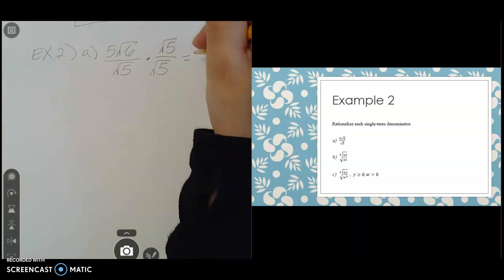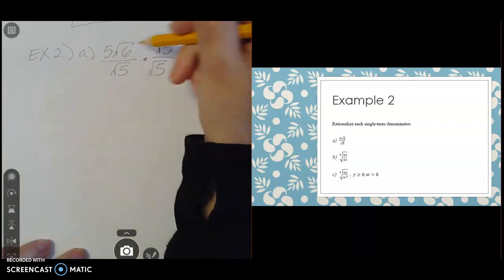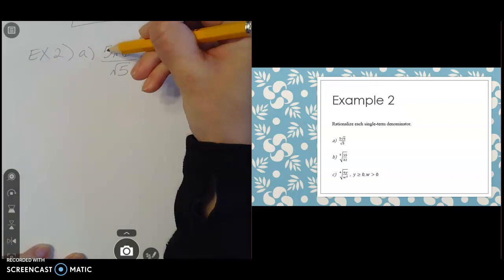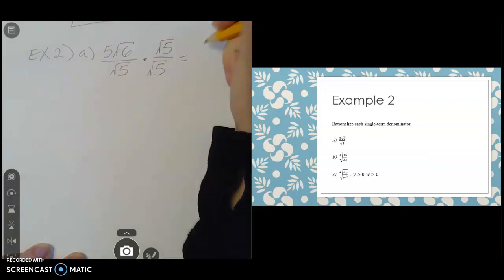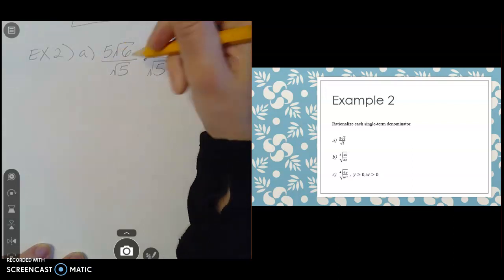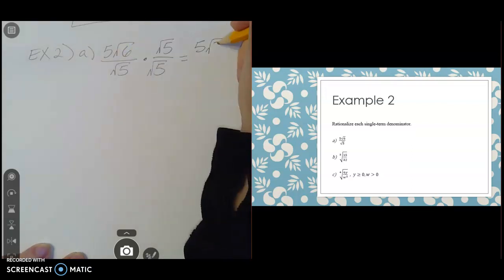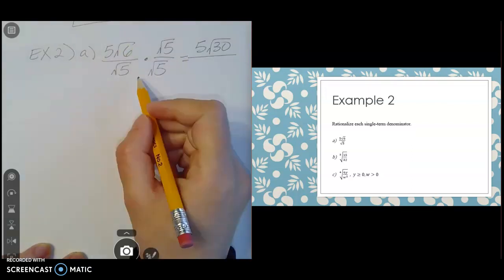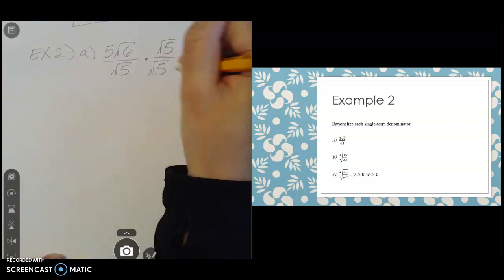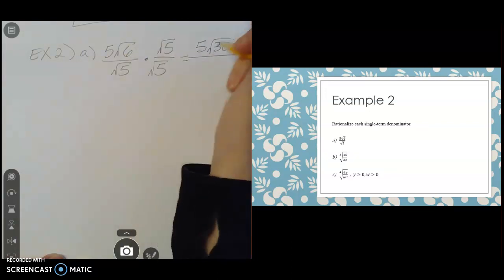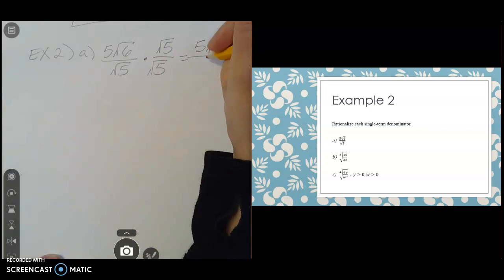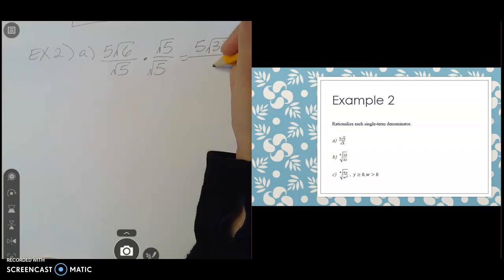Once I do this, I'm going to have 5 square root of 6 times the square root of 5. I'm going to do outside times outside: 5 times 1 is 5. Inside times inside: 6 times 5 is 30. In the denominator, you're going to get the square root of 25, which is great, because that's a perfect square, and the square root of 25 is just 5.